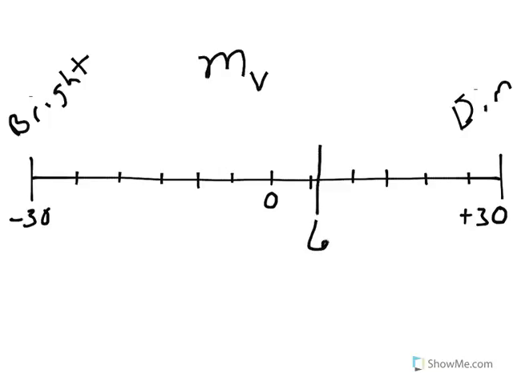So 6 is going to be our naked eye limit. So let's label that in there. So your eyes can't see objects dimmer than a value of +6. That's our naked eye limit.